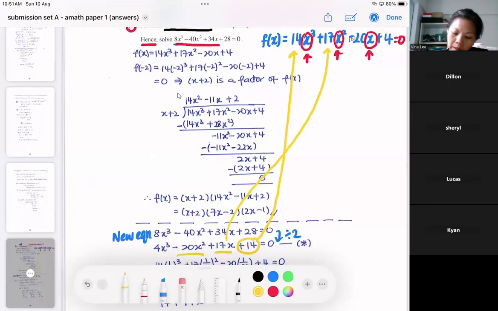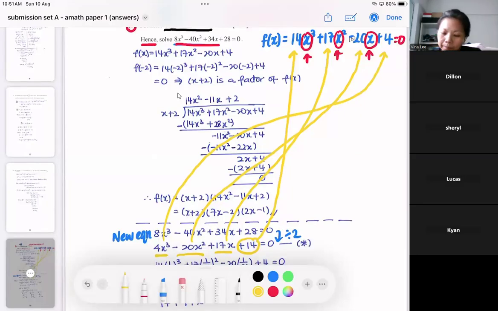The minus 20 here is here. The biggest coefficient turns out to be a constant. The new equation can be divided by 2 and you compare to the original equation.